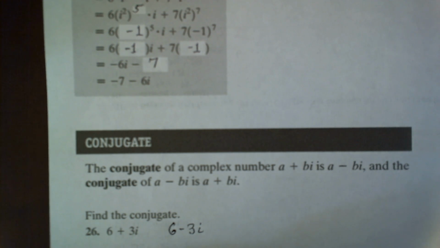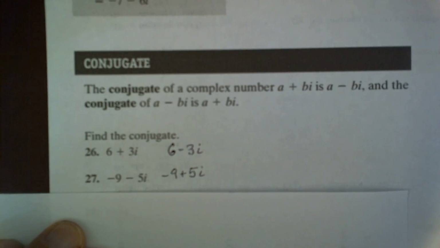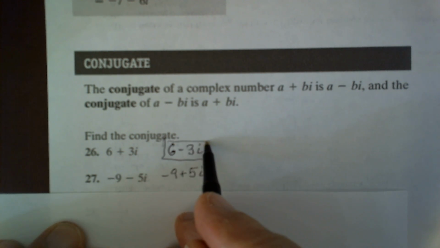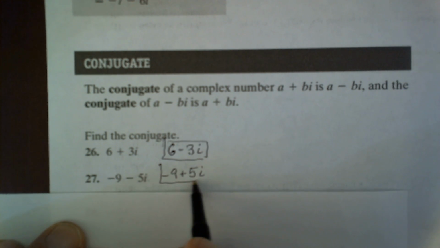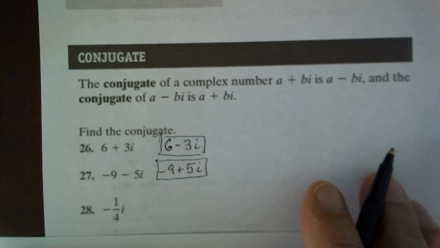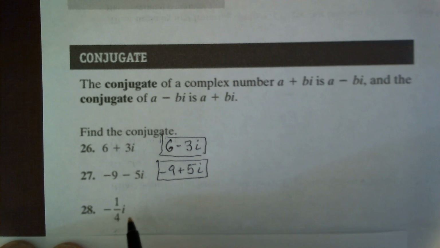And the conjugate of -9 minus 5i is -9 plus 5i. And the conjugate of -1/4 i is plus 1/4 i.